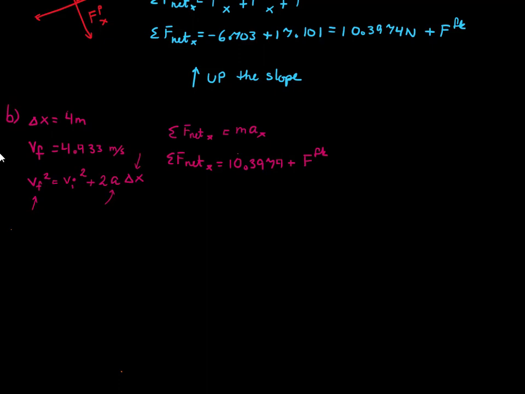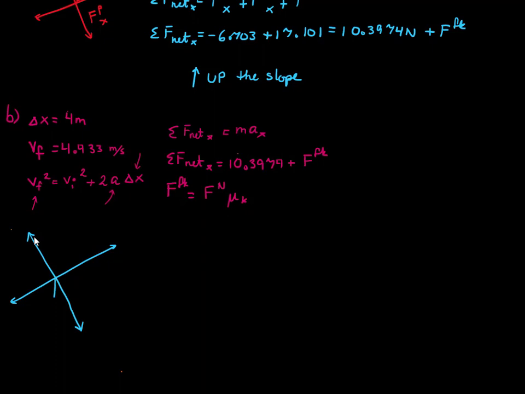The force of kinetic friction equals the normal force times the coefficient of kinetic friction that they give us. But how do we determine the normal force? If we redraw our diagram here, the normal force is going to be the sum of the forces in the y direction.